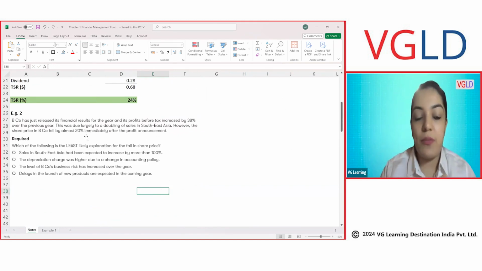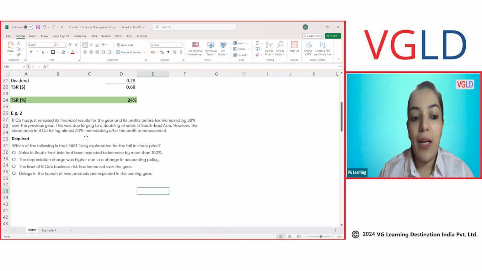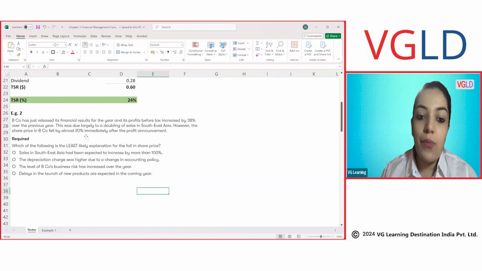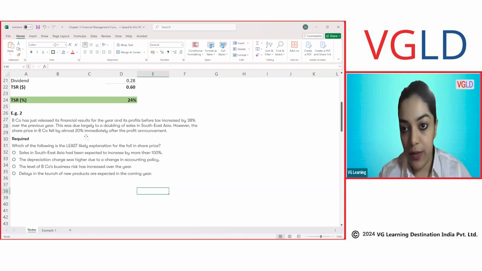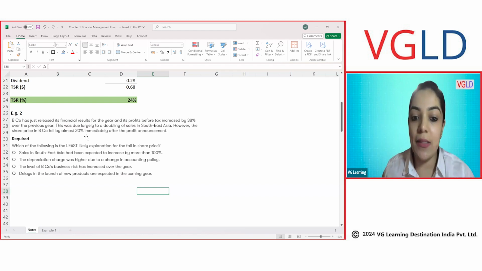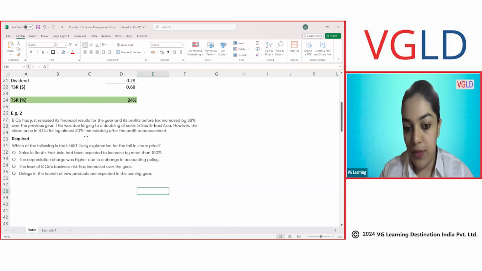It's a theory type of question, but involves numbers. B company has just released its financial results for the year and its profits before tax increased by 38% over the previous year. This was due largely to a doubling of sales in Southeast Asia. However, the share price in B company fell by almost 20% immediately after the profit announcement. Which of the following is the least likely explanation? That means which is not the reason for the fall in share price.